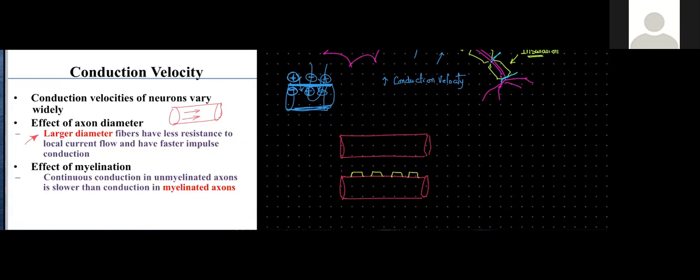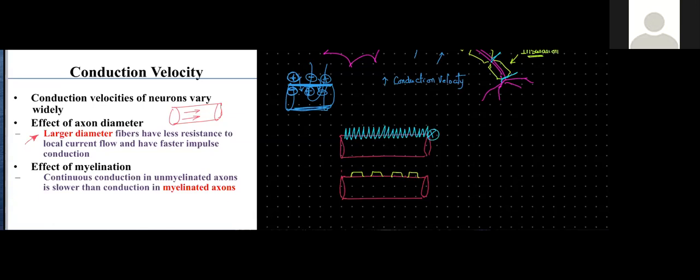So you are changing the membrane polarity. This is the action potential. So you're going to change the membrane polarity at this point. So it propagates to the next point, and the next point, and the next point. I've arrived.